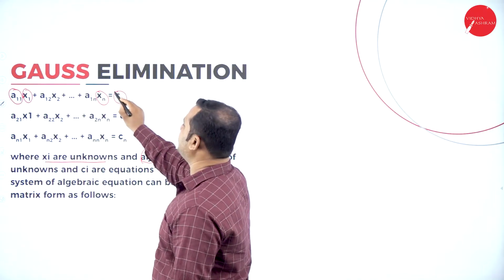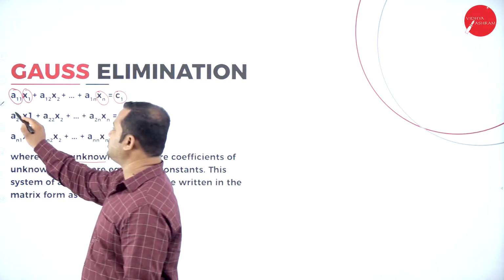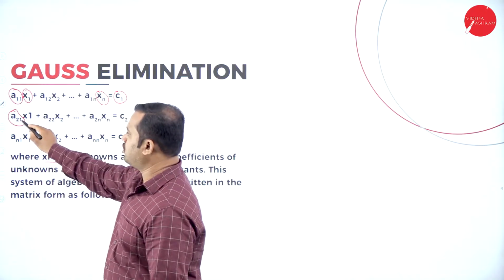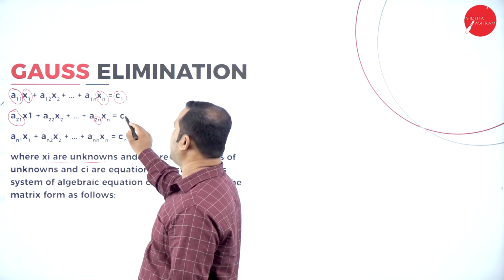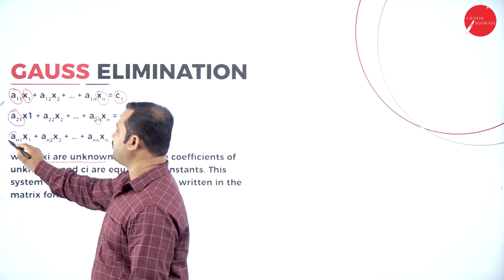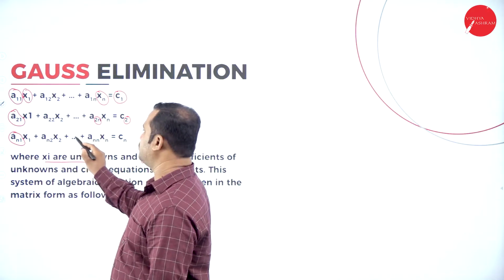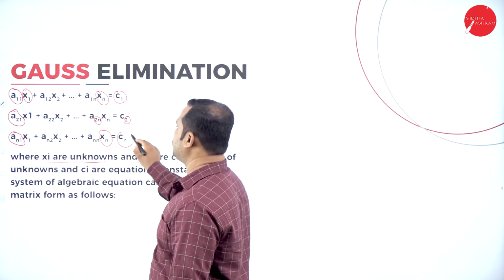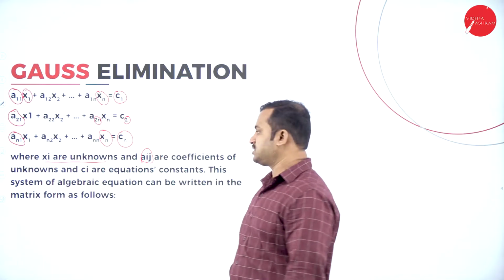We have C1, which can be represented in the form of an augmented matrix. If that is the case, let me have one more thing here. Second row, first column. Second row, second column. Second row, nth column. So we have the second value, that is C2, constant. Then we have nth row, similarly, first column, nth row, second column, so on up to nth row, nth column, we have nth unknown and nth constant, which shall be represented in the form of an augmented matrix.